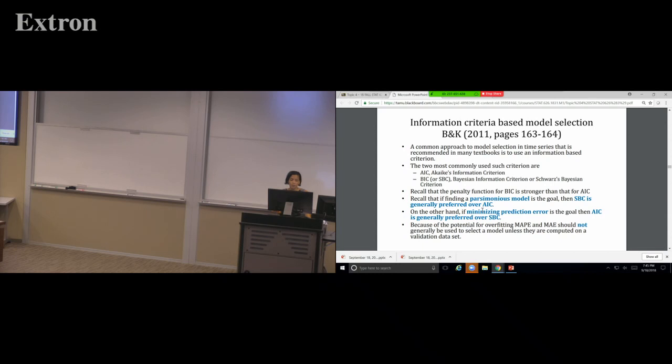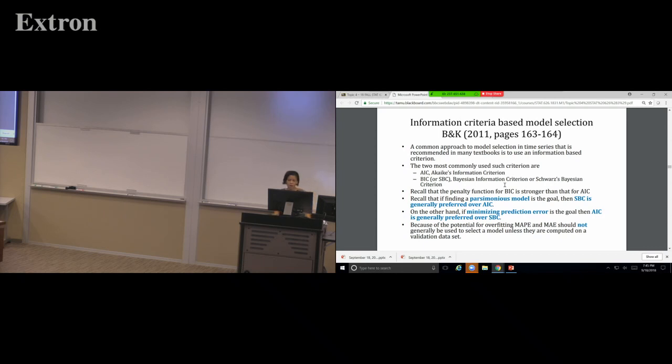The most common ones we see in practice are Akaike's information criterion, which is AIC, or the Bayesian information criterion, or Schwarz's Bayesian criterion, which has a couple of names. Depending on what software you're using, you'll see it represented with the letters BIC, and sometimes with the letters SBC. They all stand for the same information criterion.